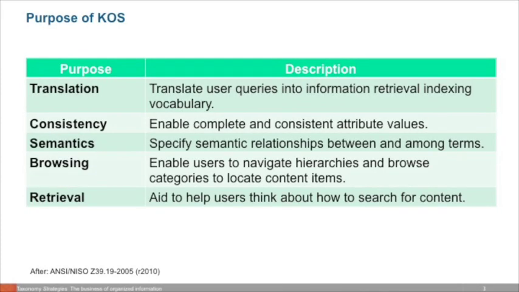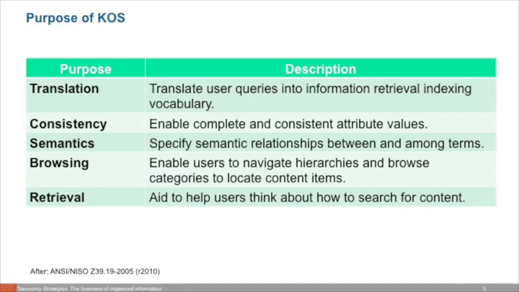So what's the purpose? I mentioned that knowledge organization systems help us make sense out of things, but there are some specific kinds of operations that we want to do with information that knowledge organization systems facilitate. And they kind of go along these lines.